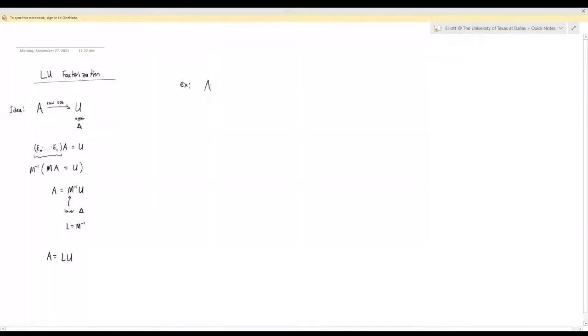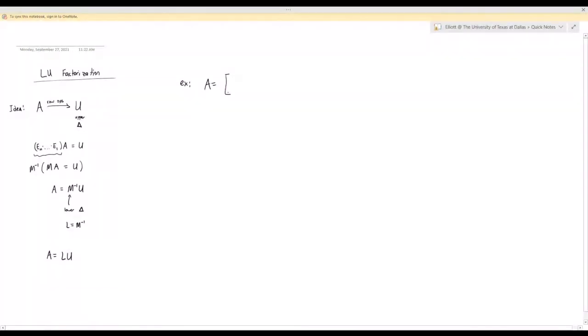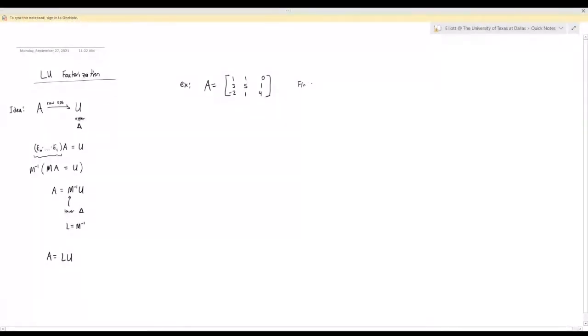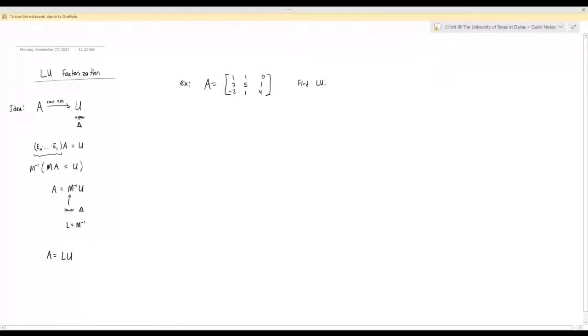All right. So let's just take this matrix A here. So A is going to be 1, 1, 0, 3, 5, 1, negative 2, 1, and 4. Okay. So we want to find the LU factorization. So the first thing you want to do is just reduce A to an upper triangular matrix.